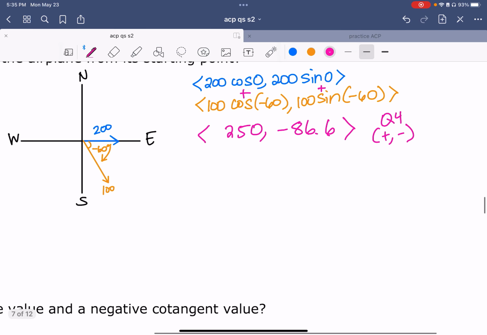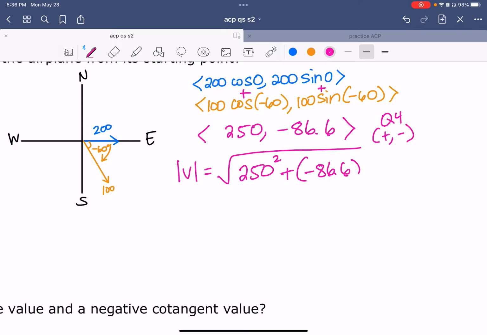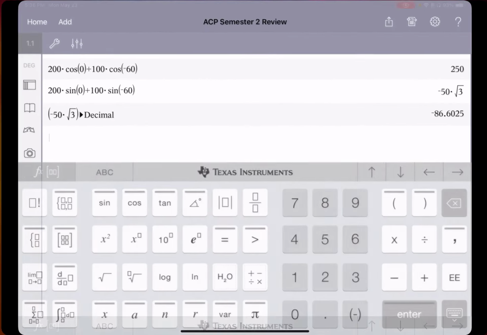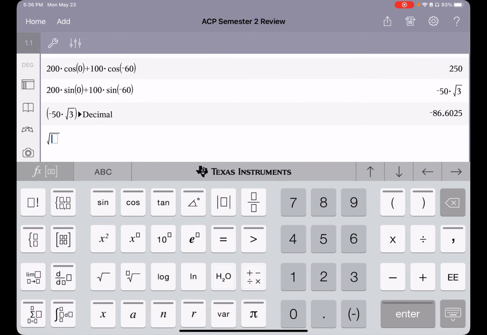Okay, now we're going to find the magnitude. And the magnitude formula is the square root of a squared plus b squared. So whatever you just got, you're going to put it under the square root and square them. Make sure that negative is in parentheses. Okay. Let's go back over here, and we're going to do the square root of 250 squared plus this, in parentheses because it's negative.